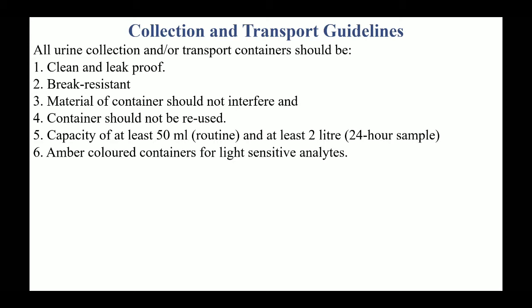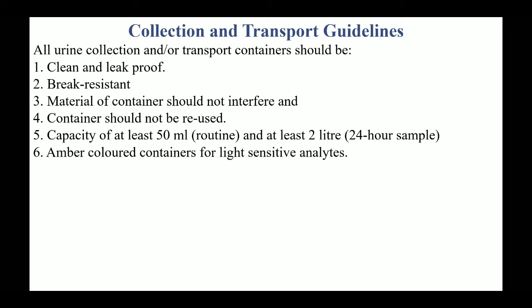The first characteristic is that the container should be clean and leak proof. As we know, the container for urine sample collection must be of use and throw type. That means the patient must use a fresh and new container for his or her urine sample collection.